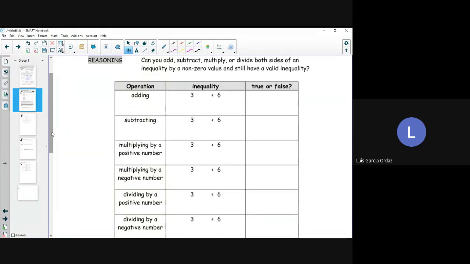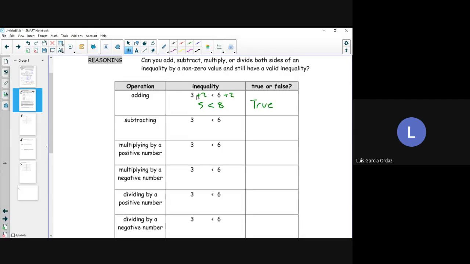Give me a random number. Okay, we're going to use 2. So 3 plus 2, 6 plus 2, 5 is less than 8. Is that true? Five is less than 8, so it is true.